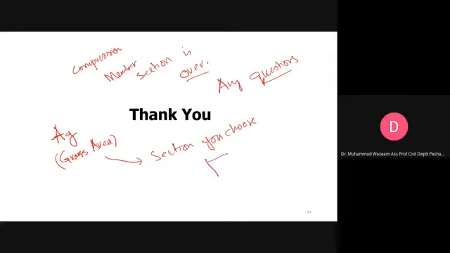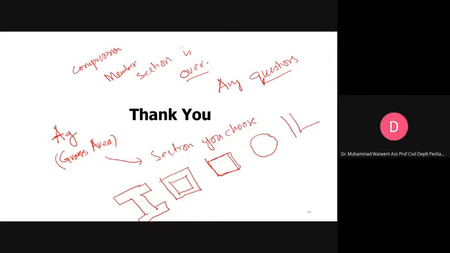You can choose a rectangular section, a circular section, a hollow section, or you can choose an angle. It's up to you. It's about the availability of the sections.